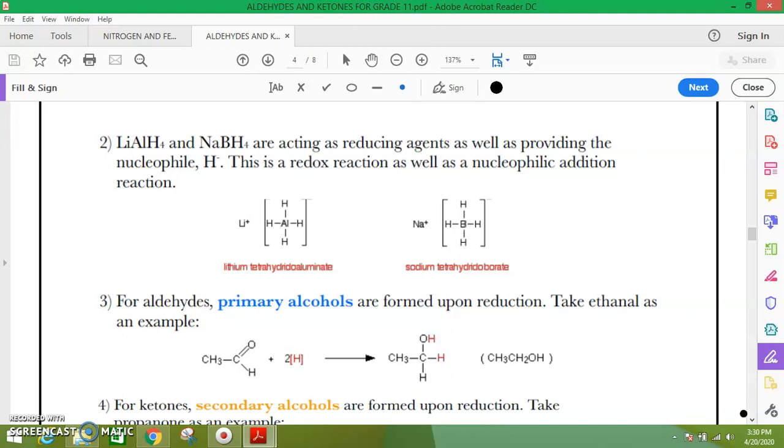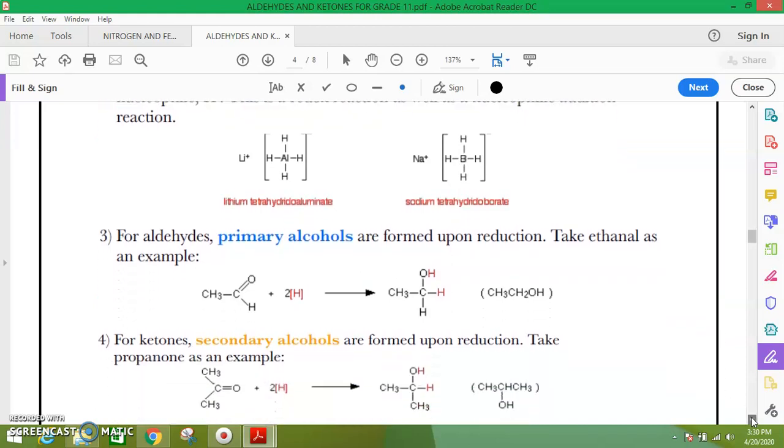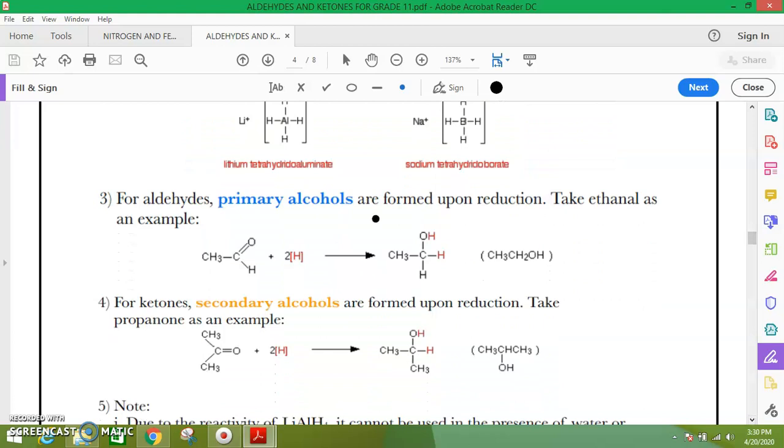See here in this equation, point number 3: for aldehydes, primary alcohols are formed upon reduction. Again, reduction means removal of oxygen and addition of hydrogen. Take ethanal as an example, because we have two carbons, carbon 1 and carbon 2: CH3CHO, an aldehyde, plus 2 hydrogen.